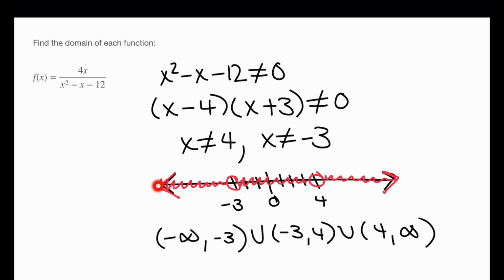The first interval is negative infinity to negative 3, parentheses with both, not including that value. The middle chunk goes from negative 3 to 4, parentheses on both. And then the last chunk, positive 4 to infinity. Again, when we have multiple intervals, we just put those union symbols or U's in between them. So my domain is everything except for negative 3 and positive 4.